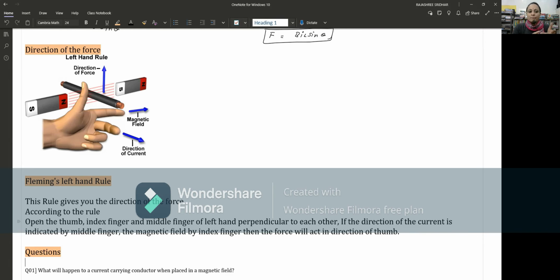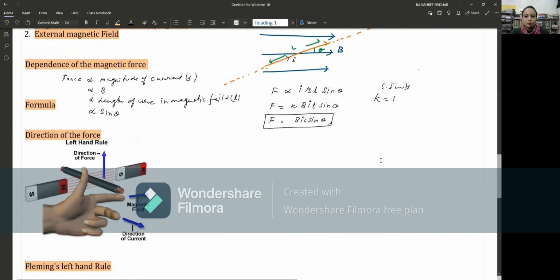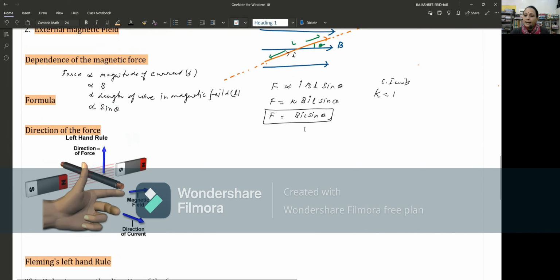Okay, just place this, you get the direction. Now based on this, we are going to answer this question. Now, what is the force? Remember again, what was the force? Force is equal to BIL sin theta. What is B? B is the magnetic field. What is I? I is the current.